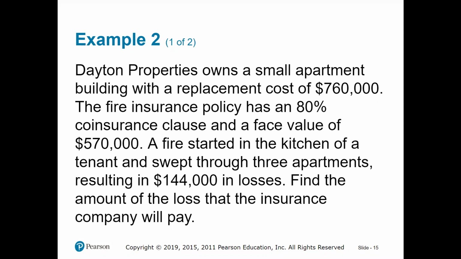Dayton Properties owns a small apartment building with a replacement cost of $760,000. The fire insurance policy has an 80% co-insurance clause and a face value of $570,000. A fire started in the kitchen of a tenant and swept through 3 apartments, resulting in $140,000 in loss. Find the amount of loss that the insurance company will pay.